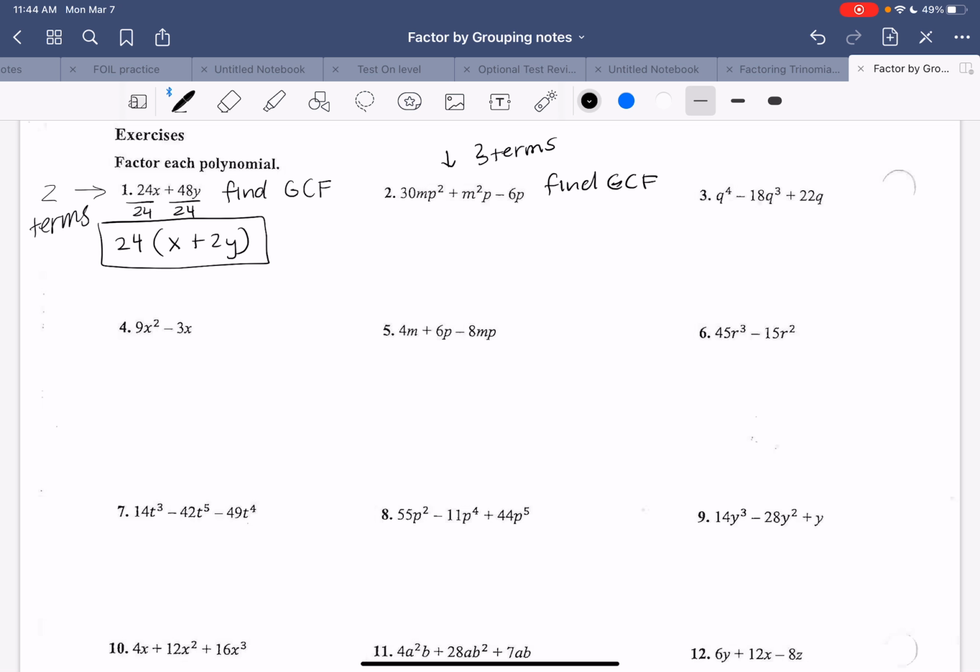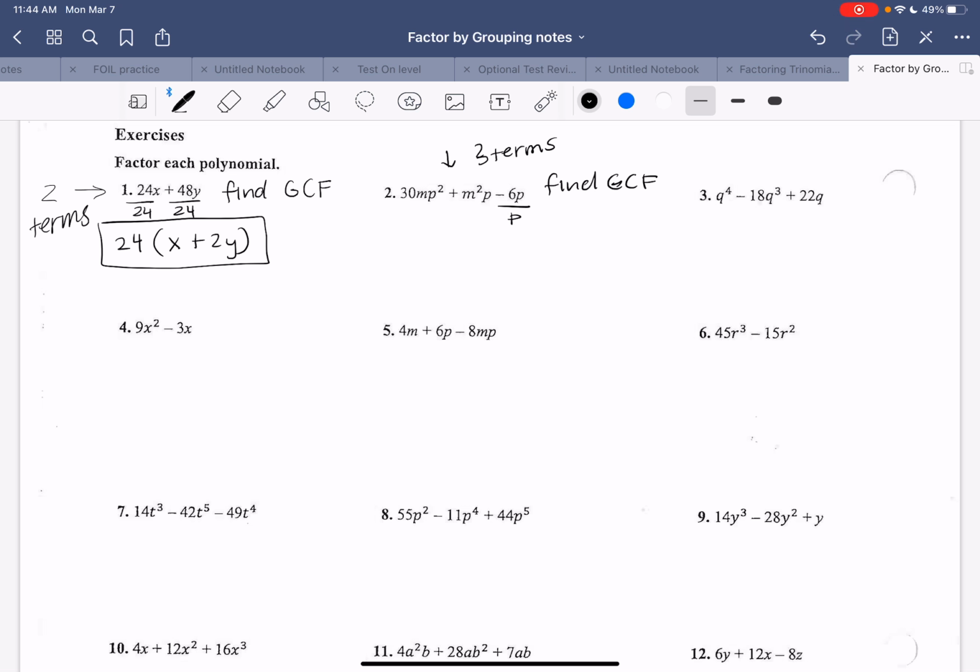So what we're going to do here is our GCF looks like it's going to be a 6. So if I have a 6, and then I can also take out 1p. So if I divide this by 6p, this by 6, oh, I'm wrong. Hold on. All that can be taken out there is actually just a p.